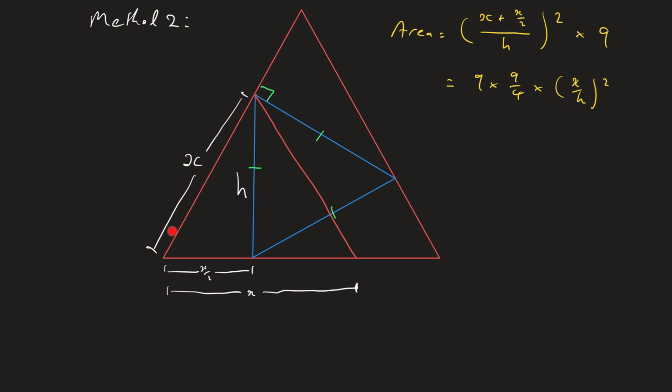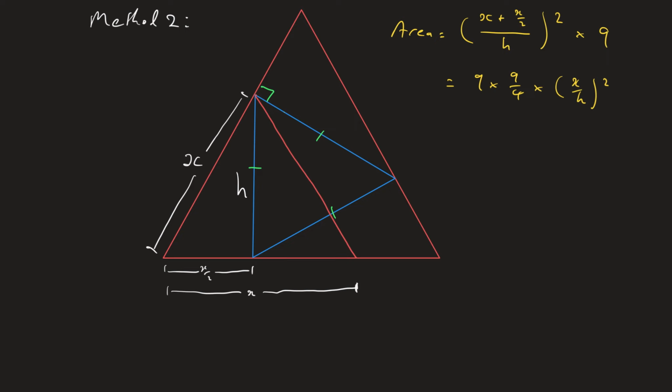Therefore, the area of the outer triangle is equal to the area of the inner triangle, which is 9, multiplied by the square of the ratio of the length of the outer triangle, which is x plus x on 2, divided by the length of the inner triangle, which is h. Of course, by length, I mean side length.